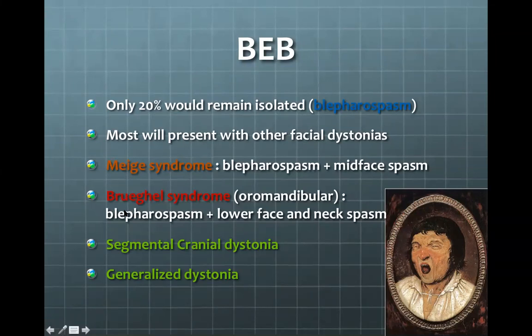The name Bruegel's syndrome came from the Norwegian artist Bruegel, who painted this in the 16th century. They think that this is the first representation of an essential blepharospasm, as you see here, with the eyelid contracture and lower facial contracture.